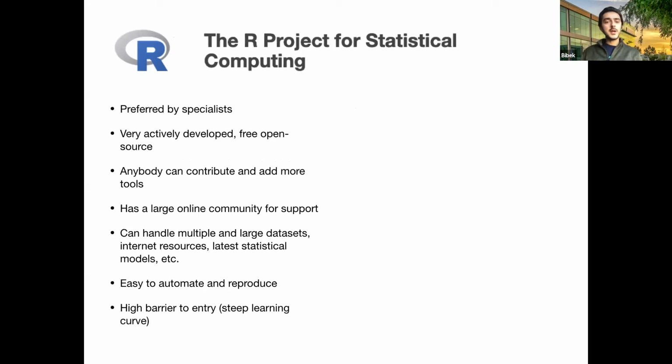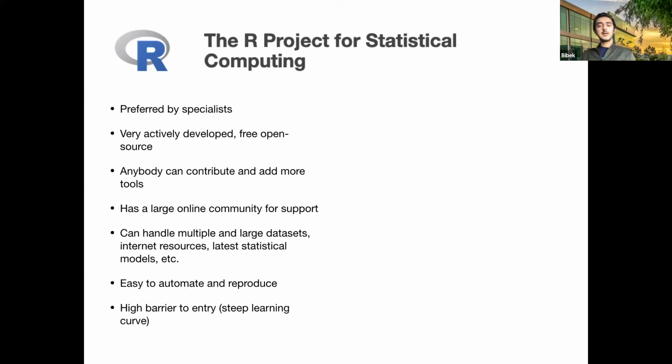So in comparison to all the other tools, what is the advantage of R? I've already gone over some of these points while answering your questions. It is the tool that is preferred by specialists. So if you are going beyond the basic analysis and trying to dig deeper into a field, many of the other tools will have limitations, and what you want will not be achieved by those tools.